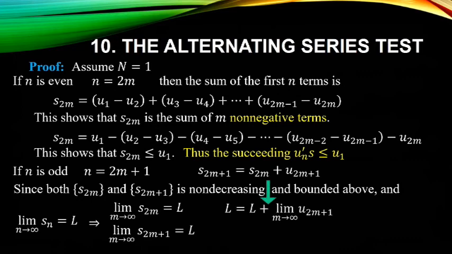This implies that L is equal to L plus the limit of u sub 2m plus 1 as m approaches infinity. Therefore, the limit of the last term is equal to 0. And in general, all terms u sub n approach 0.